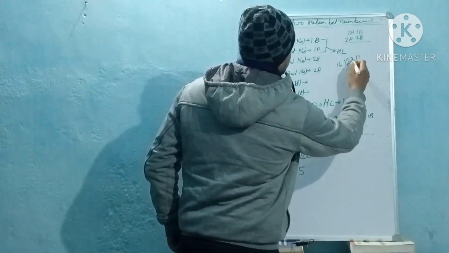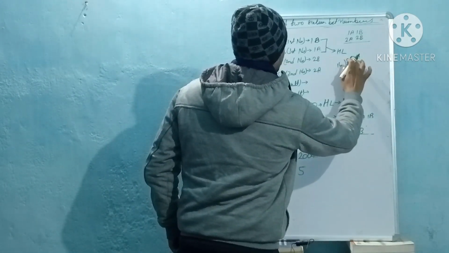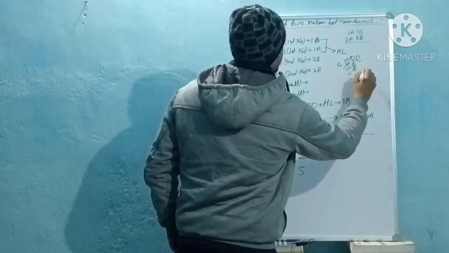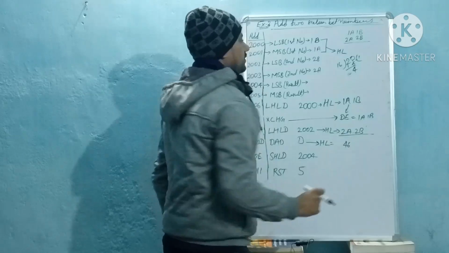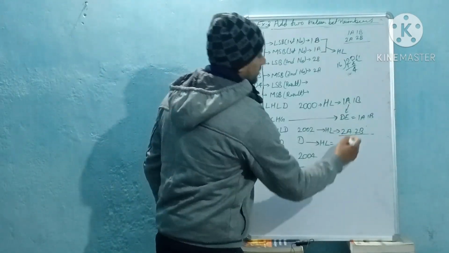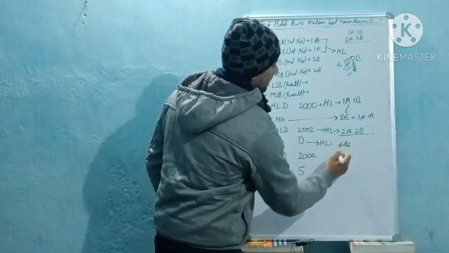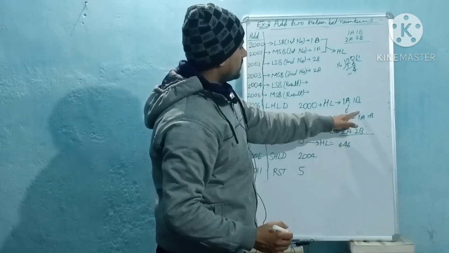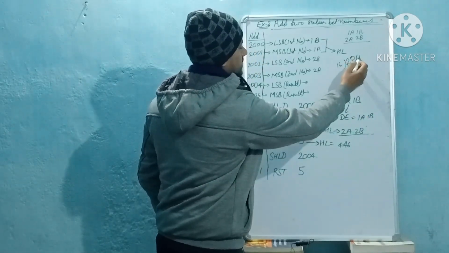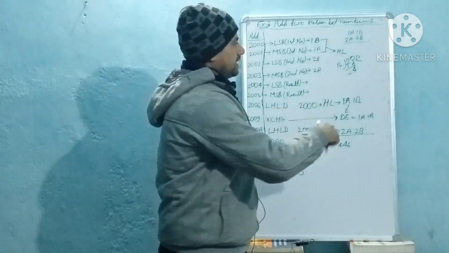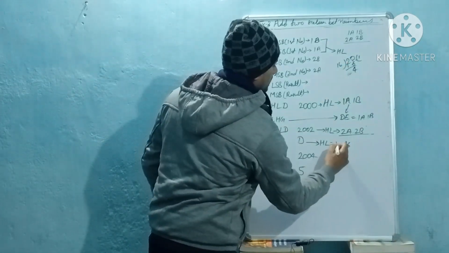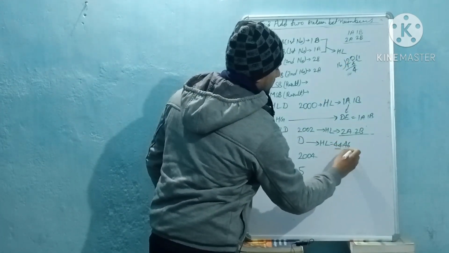So 20 divided by 16, the remainder will be 4 and the quotient will be only 1. So the remainder 4 we write here, and the 1 goes to the next digit. So 2 plus 1, and the 1, whatever it is, acts as carry. So 2 plus 1 is 3, and 3 plus 1 is 4. So you will get this result.